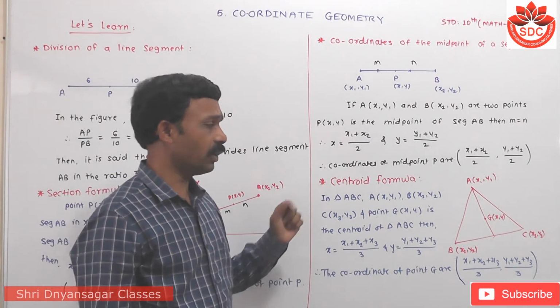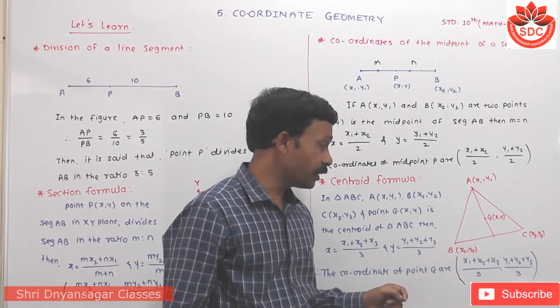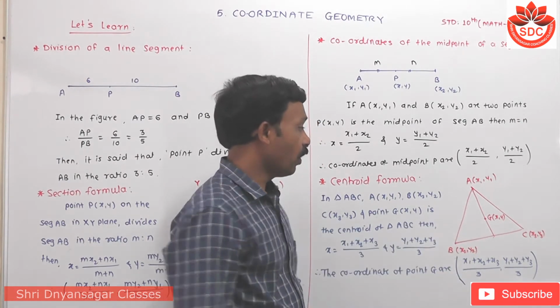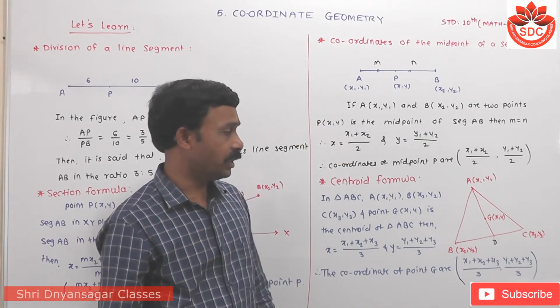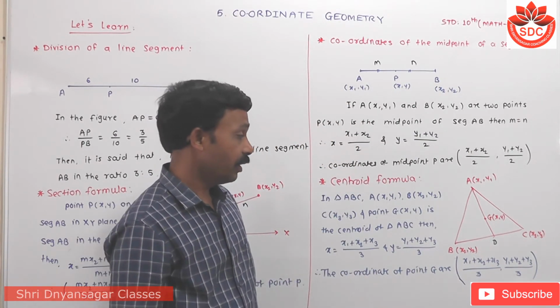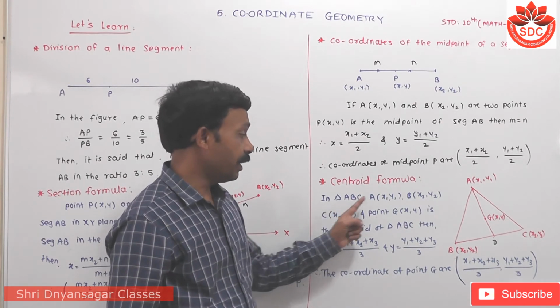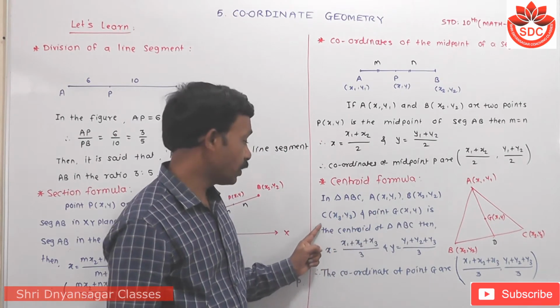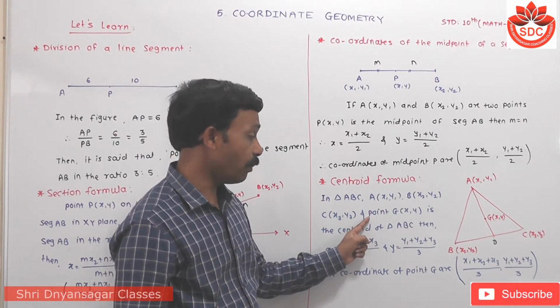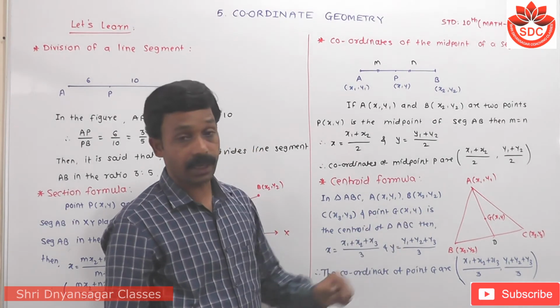Then the third one is the centroid. Now look at this triangle ABC. G is the centroid of the triangle. Suppose AD is the segment here, and point G is the centroid of this triangle ABC. In triangle ABC, A has coordinates x1, y1, B has coordinates x2, y2, C has coordinates x3, y3, and point G(x, y) is the centroid of triangle ABC.